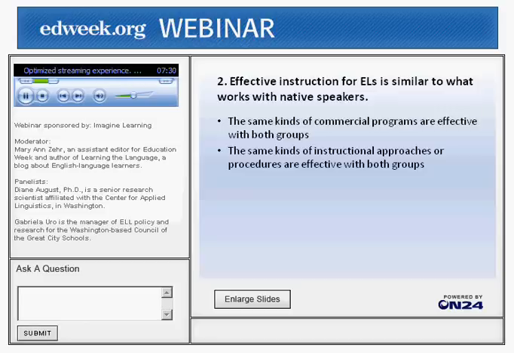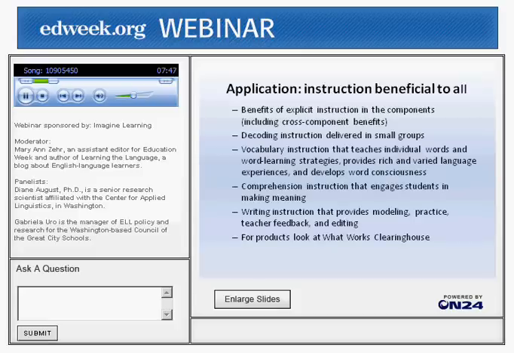They take practices that have been effective for native English speakers, and they try them out with English language learners. So in many cases, the same commercial programs are used, or the same instructional approaches or procedures. And so what do we find out about these procedures that are similar to what we know about effective practice with native speakers, besides what I've just said about explicit instruction in these different components?